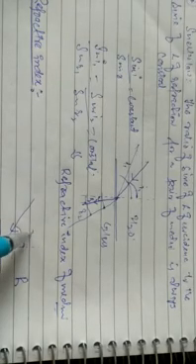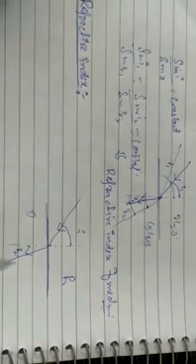So how much the ray of light is refracted as it goes from one medium to another, how much bending takes place away from the normal or towards the normal, that gives us the refractive index of a medium.